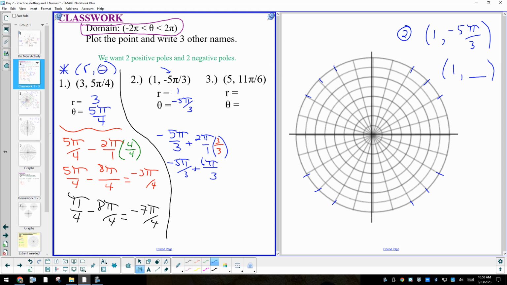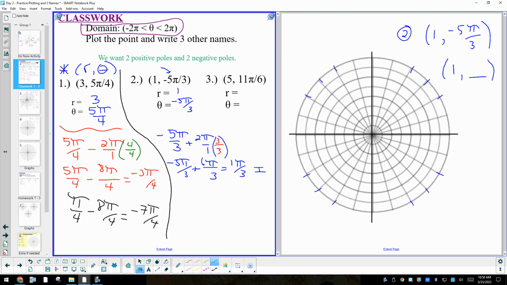Okay, so now you actually see that negative 5 pi over 3 is the same exact angle as 1 pi over 3. Pi over 3, which is actually in what quadrant? Quadrant 1. That's your first quadrant angle.